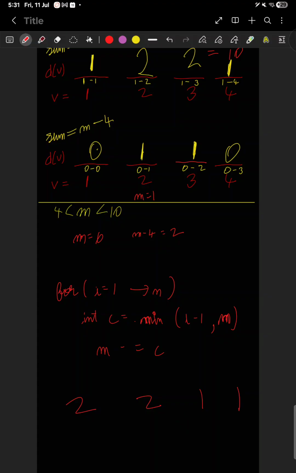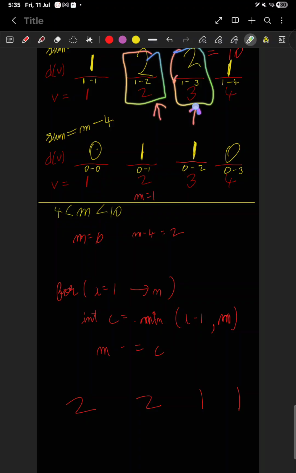Now that we have understood the order of divineness, what would you do if two nodes have the same divineness? Which node should come first? For example, these both have divineness equal to 2. So which node should come first, 2 or 3?